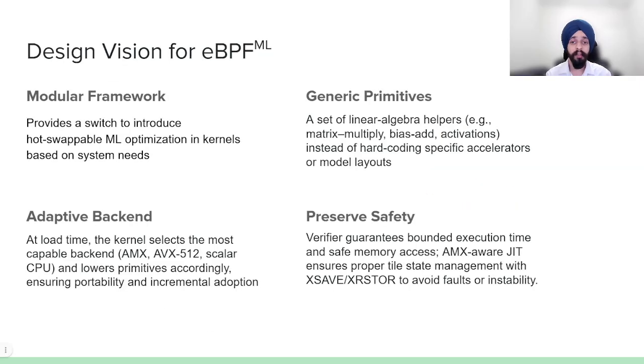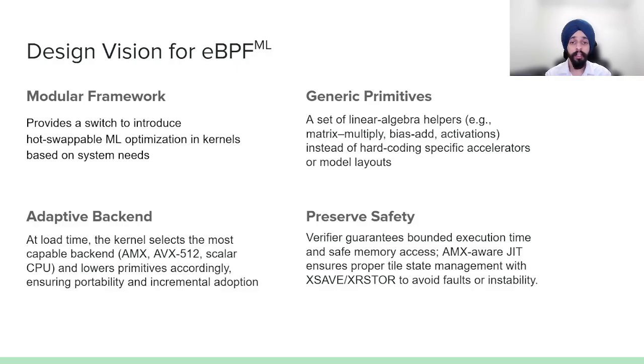We propose eBPF-ML, an architectural extension that enables safe, hot swappable ML inside the kernel. The design has three pillars: generic primitives, adaptive backend, and preservation of safety. Generic primitives provide minimal linear algebra helpers, such as matrix multiply, bias add, and activations.